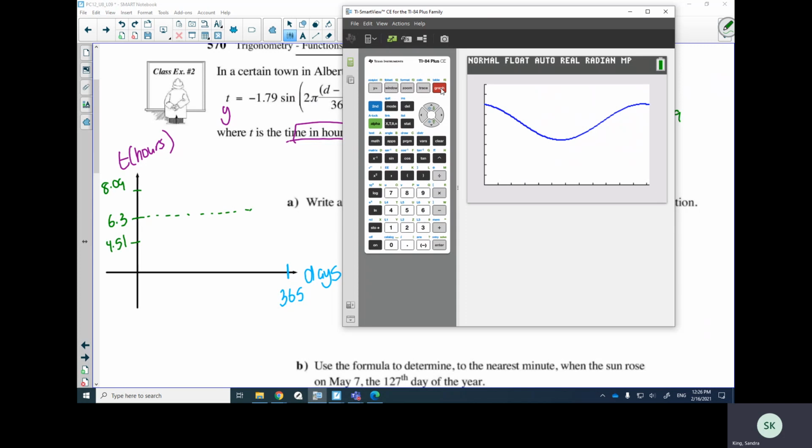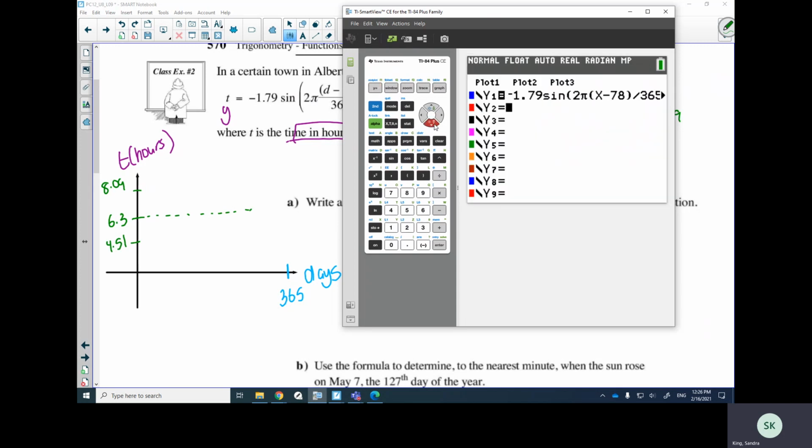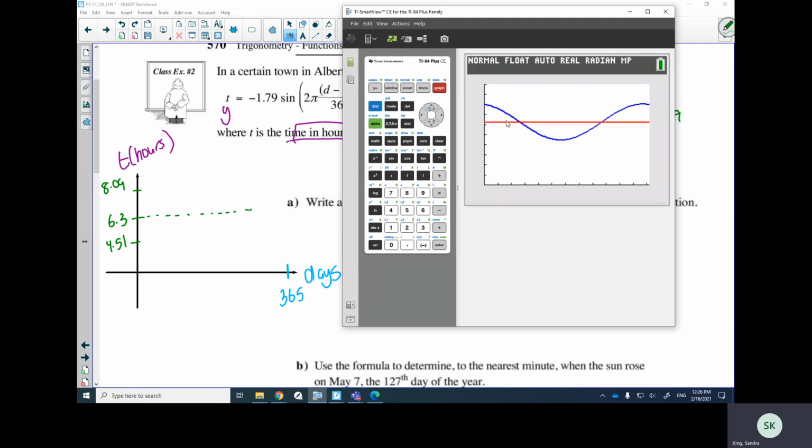There's the picture. It doesn't quite look like a sine graph because you might be saying, oh, it's starting at this peak here. I'll just quickly show you, I'll put in the midline at 6.3, just to show you that. You don't need to put this in. But we know that the midline is going to be at 6.3. So it's actually starting at a peak. It looks like a cos graph, but it was a sine graph that was just shifted.